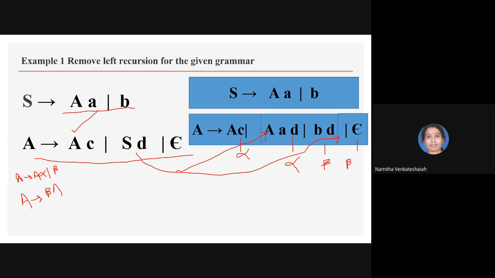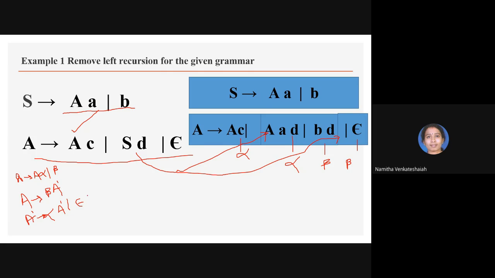I'm just rewriting the formula for your reference. And A dash produces alpha A dash or epsilon. Okay, this is the thing.